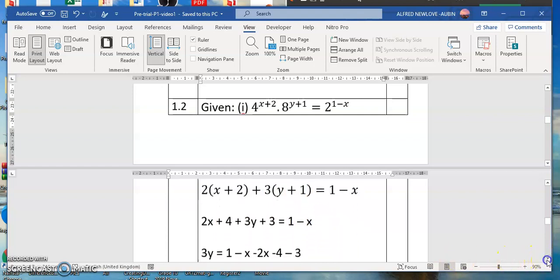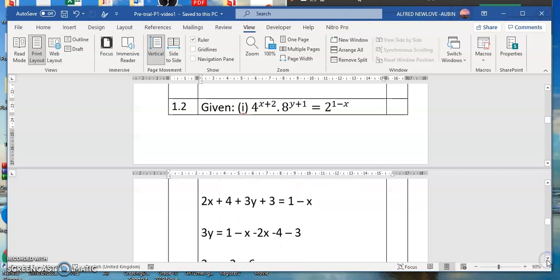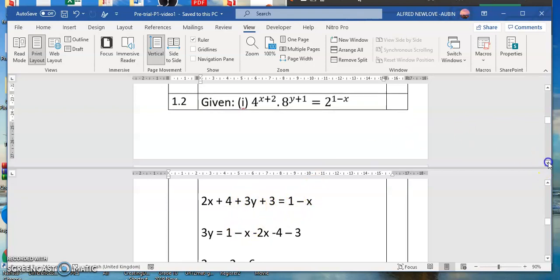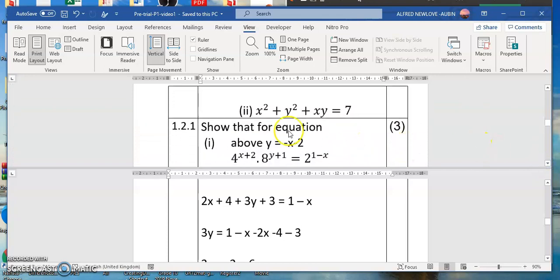Then the next thing you are going to do is you continue with this 3y. Then you transpose everything around 3y, because the question wants us to show that y is equal to minus x minus 2.